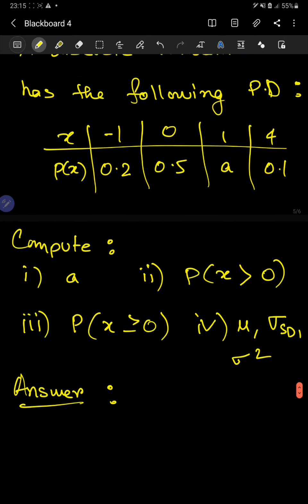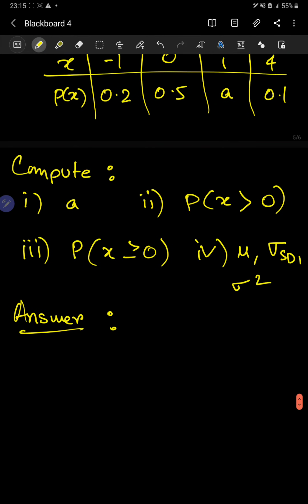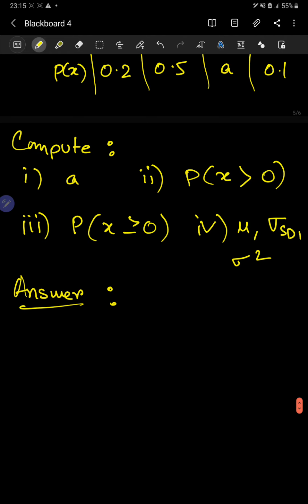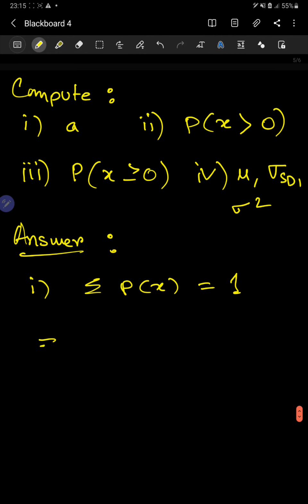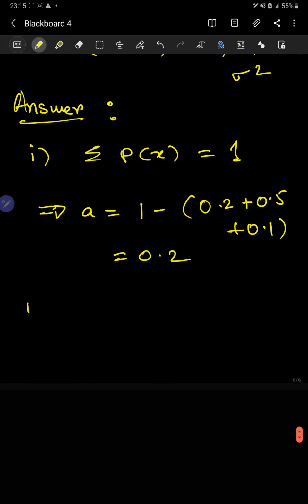So how do we find a? It's very easy. Since we know that the sum of all probabilities is 1, that's a good starting point. So we add the probabilities, and if we take it on that side, it's just this. Now, what is the probability that x is greater than 0?